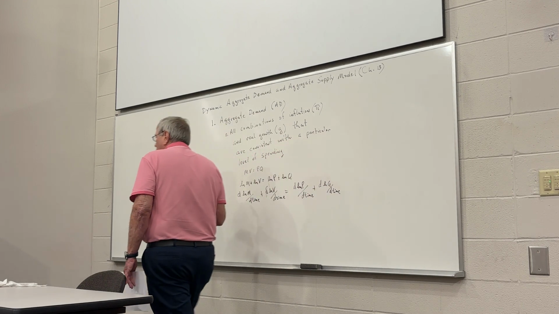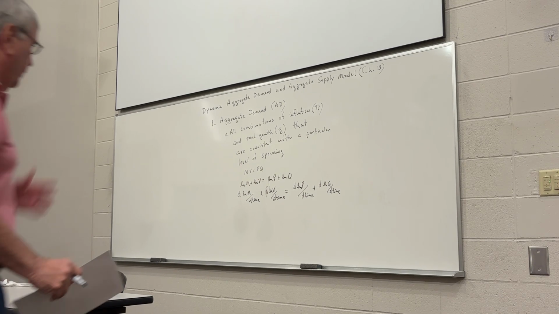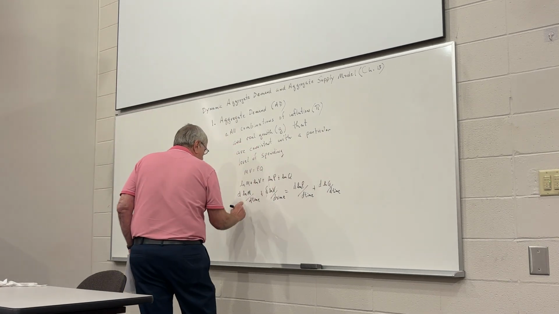If you haven't had calculus, just think of them as discrete changes. Calculus is saying the change in something, but you do it instantaneously. So it turns out that time derivatives are growth rates. Natural log time derivatives are growth rates.